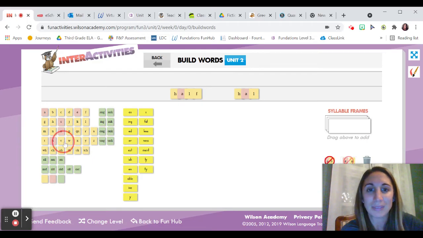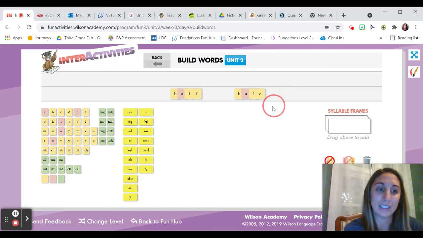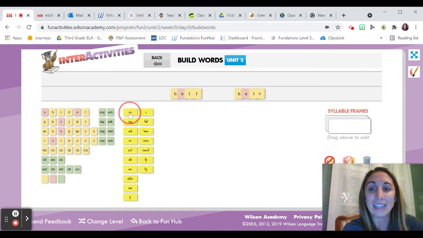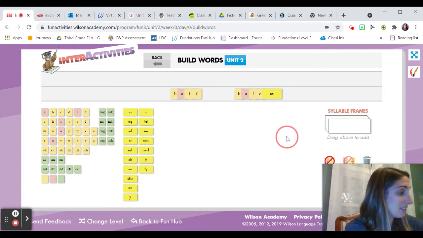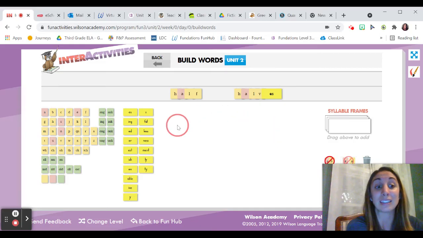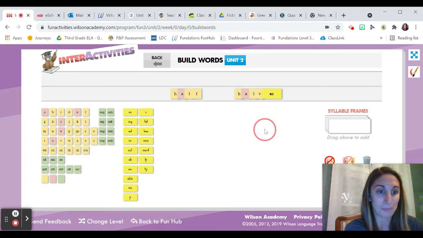We would say, let's try again, halves. Now, what am I going to add here? I actually need the ES suffix for halves, right? Okay, and just like leaf becomes leaves, so that F becomes VES in the plural.